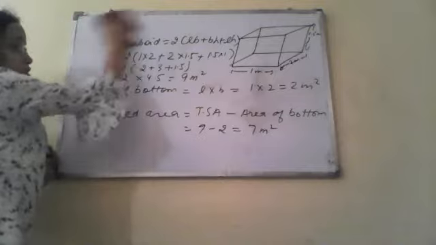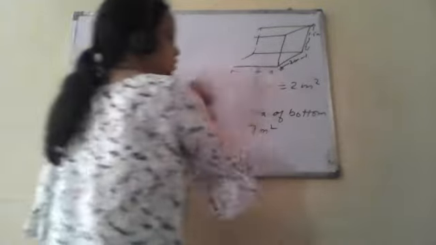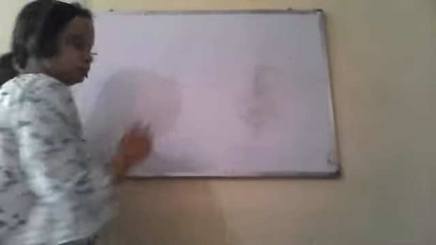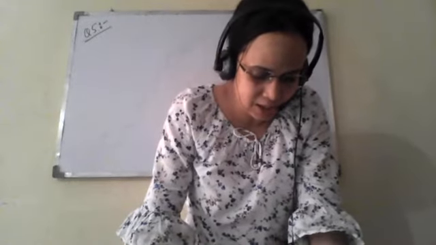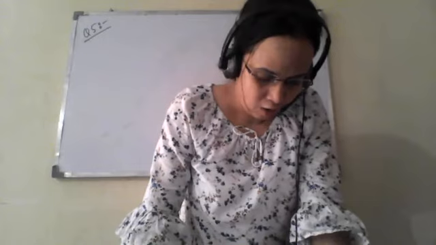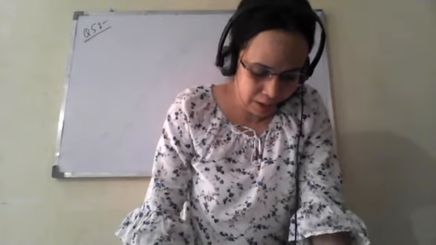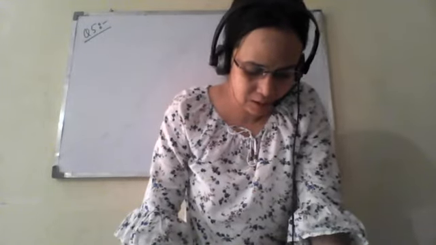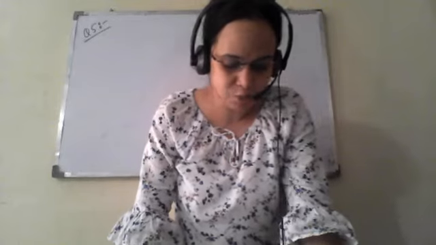Now next question. Question number 5. Daniel is painting the walls and ceiling of a cuboidal hall with length, breadth and height equal to 15 meters, 10 meters, 7 meters respectively.